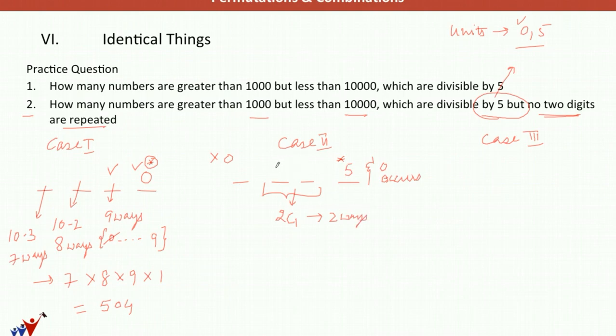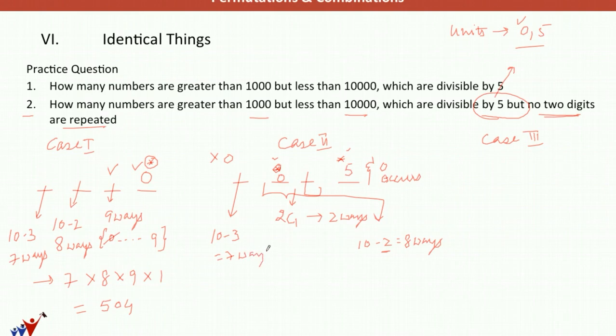Let's suppose that 0 occurs here in this hundreds place, so I write a 0 here. Now the tens place can be filled up in 10 minus 2 is equal to 8 ways. Now why is this 10 minus 2? Because 5 has already occurred here in the units place and 0 has already occurred here in the hundreds place. So this can be filled up in 8 ways. Similarly, the thousands place can be filled up in 10 minus 3 or 7 ways.